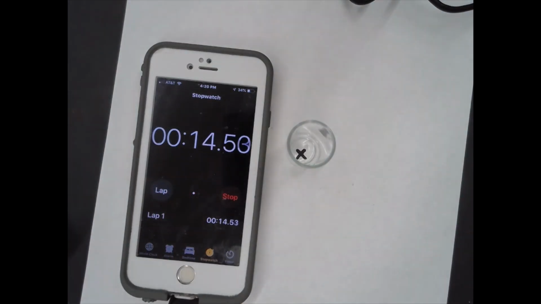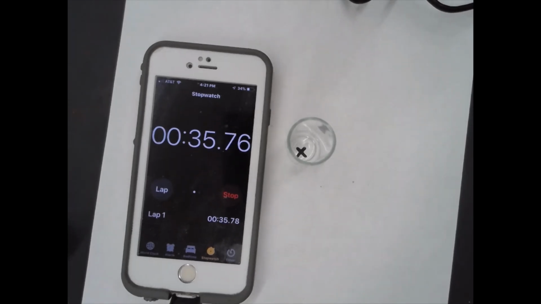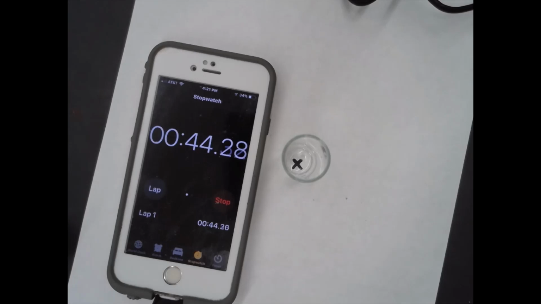Now we're decreasing the concentration of sodium thiosulfate and it seems to be slowing the reaction down, so we expect a longer amount of time to produce the same amount of sulfur in this reaction.